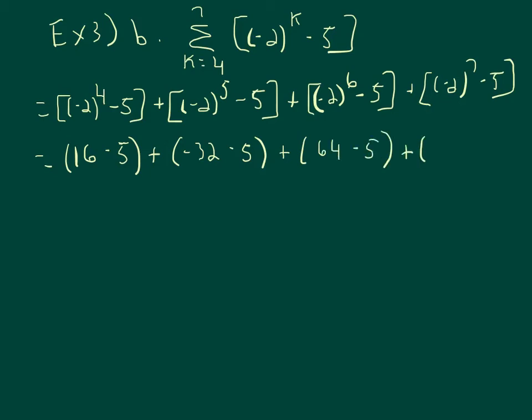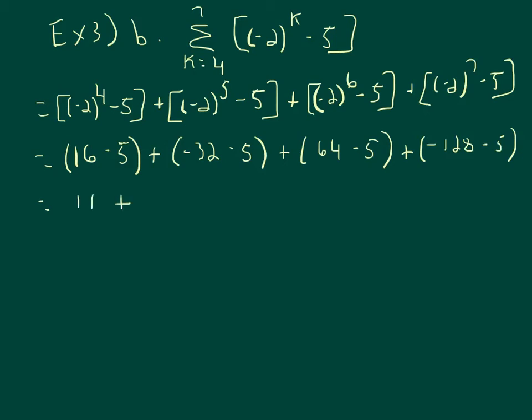And negative 2 to the 7th, this one's going to be negative. A negative number to an odd power stays negative. It would be negative 128 minus 5. So each one of these, 16 minus 5 is 11.